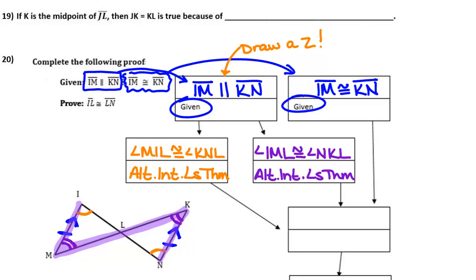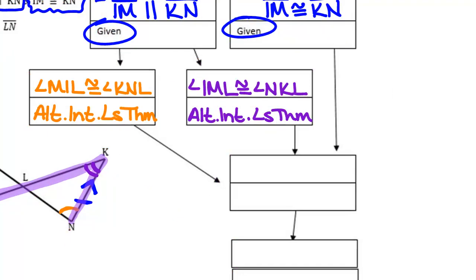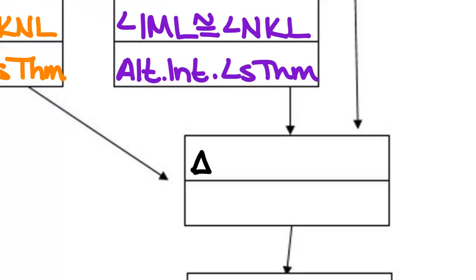All right, so I've got two pairs of corresponding congruent angles, and I have one pair of corresponding congruent sides. These two triangles are congruent to each other, so I can say that triangle IML is congruent to triangle NKL.